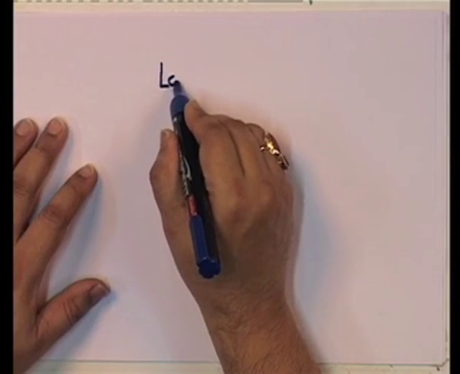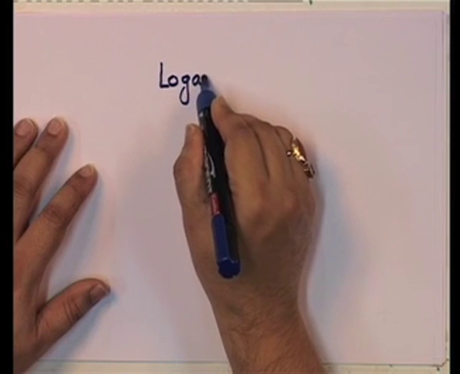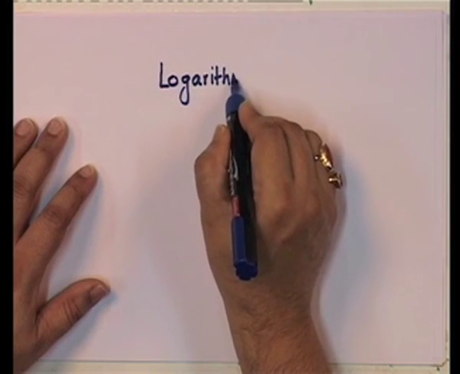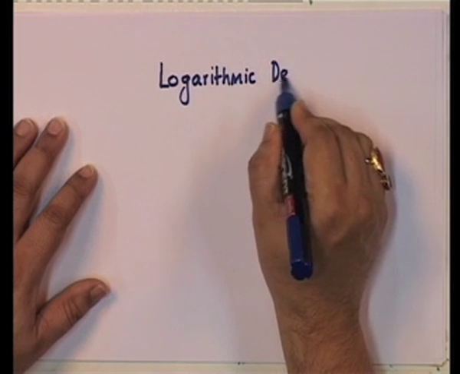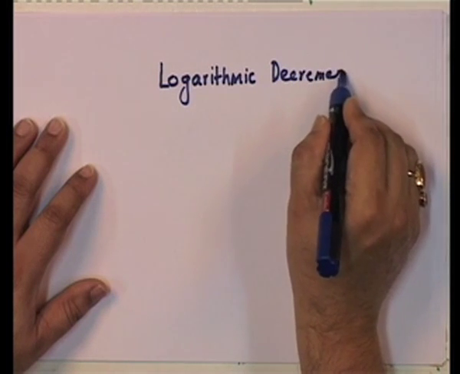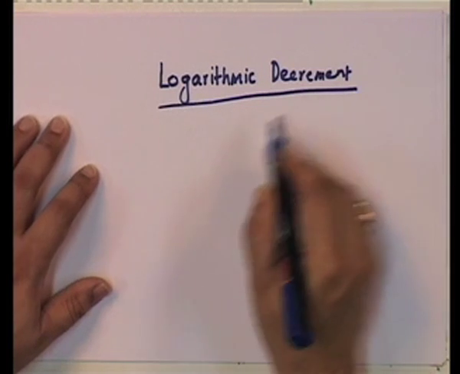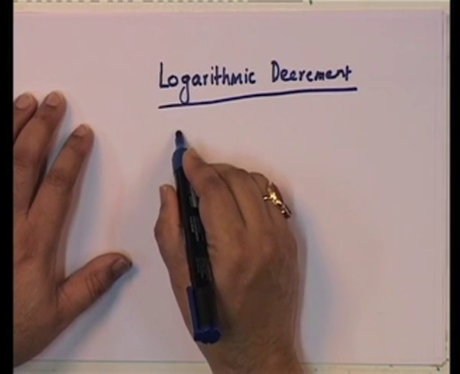Okay. So now let us look at dynamic characteristics. How to measure dynamic characteristics? Think back. Remember the logarithmic decrement? What was that?